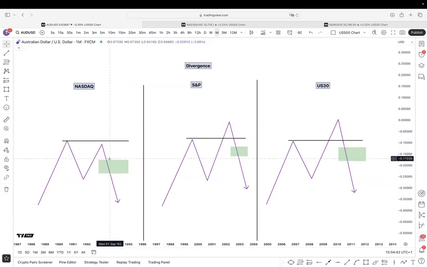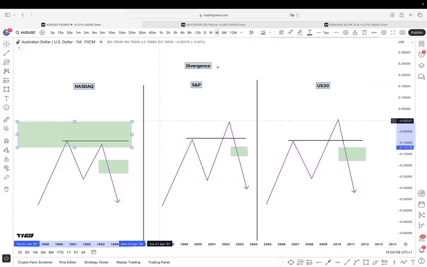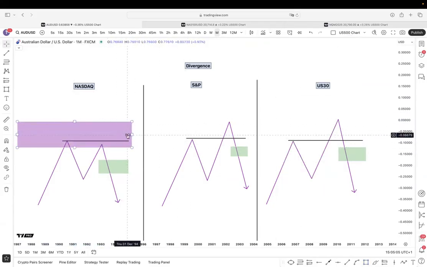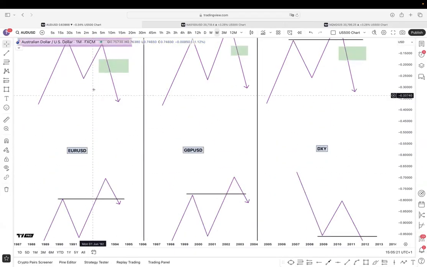So for example, if a fair value gap or an inverse fair value gap creates itself after divergence has played out, that is a very, very strong confirmation of an entry, especially if this divergence is happening within a higher time frame point of interest. So it could be a daily fair value gap or a 1 hour fair value gap, whatever it is, it's your higher time frame point of interest. If you get that divergence, then the fair value gap inside a point of interest, along with the break of structure and everything like that, that is an entry in the market.